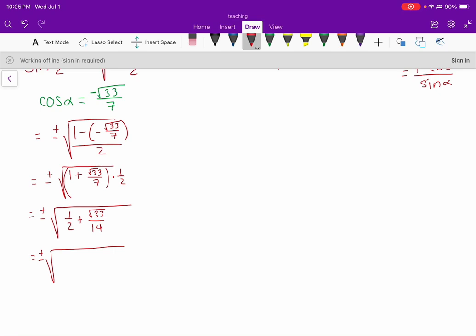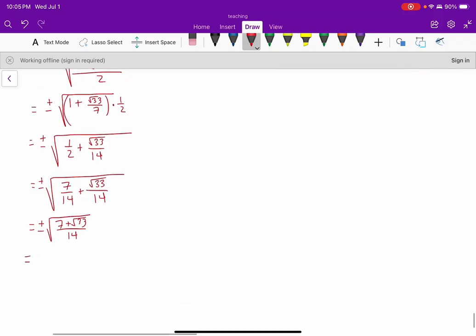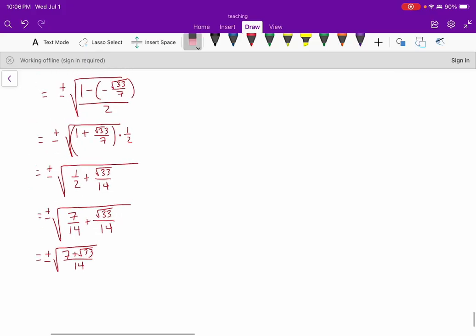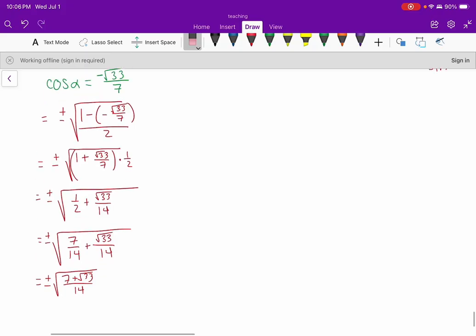One half, I can make 7 over 14, plus square root 33 over 14. I get plus or minus the square root of (7 plus square root 33) over 14. It can't reduce at all, so we would just have to leave it like this. Pretty messy.